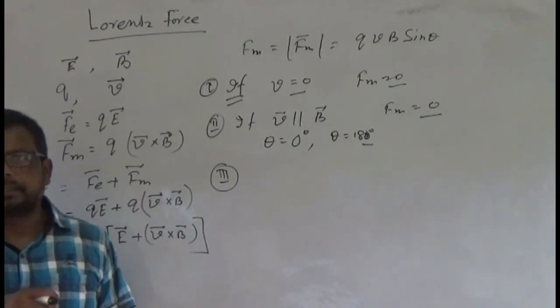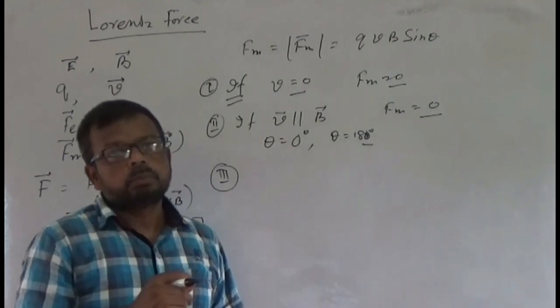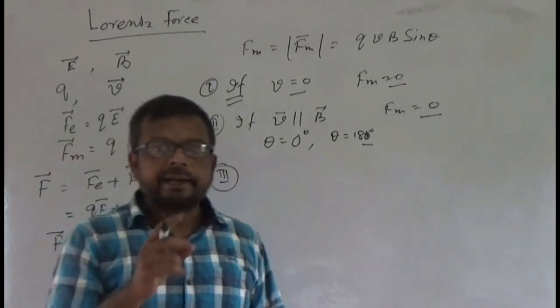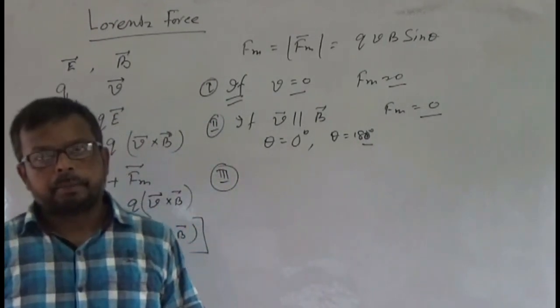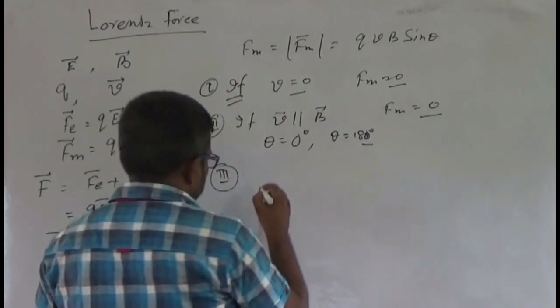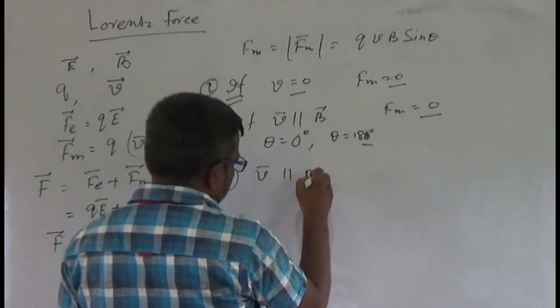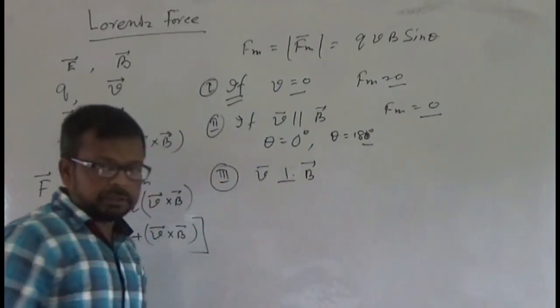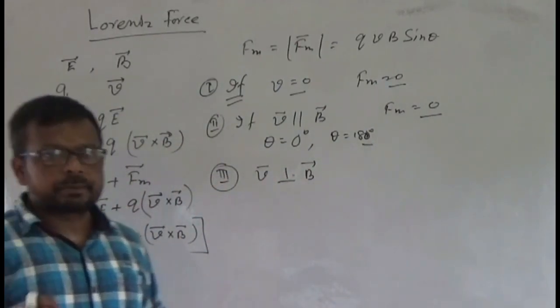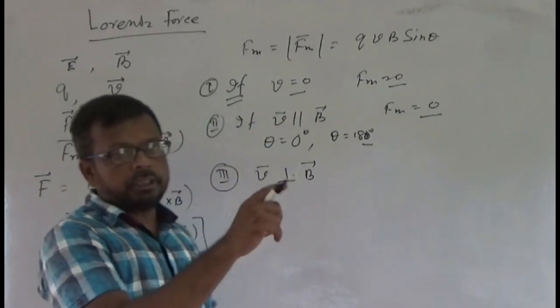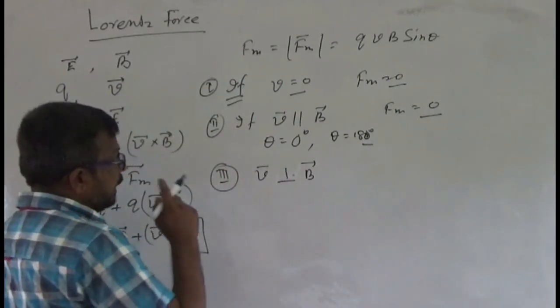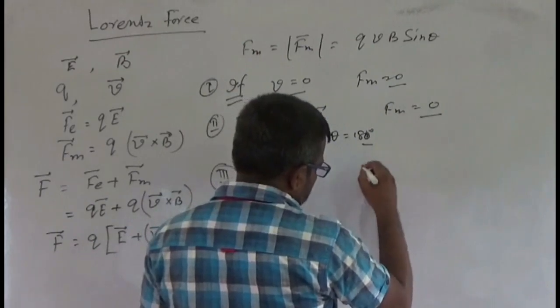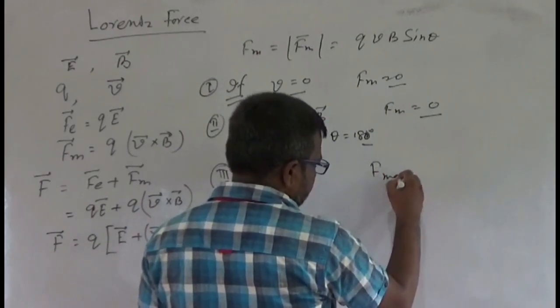A charged particle Q moves at right angle to the magnetic field. V is perpendicular to B. If V is perpendicular to B, that means the charged particle is moving normal to the direction of the magnetic field, then this Fm is maximum.